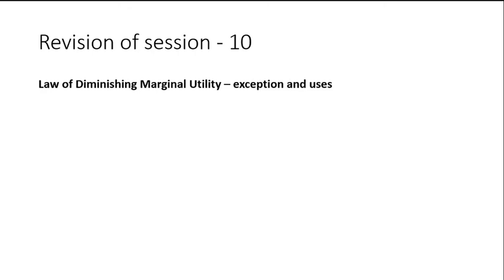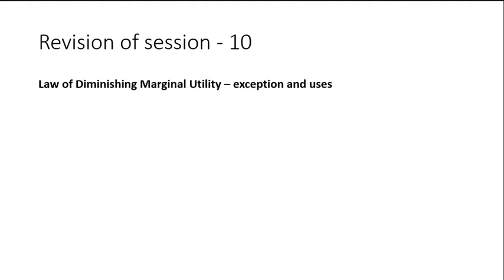When we discuss the uses of the law of diminishing marginal utility, it is useful for the consumer, and also useful for the producer to set the maximum profit. The last one is that it is useful for the government to make policies and provide social justice.